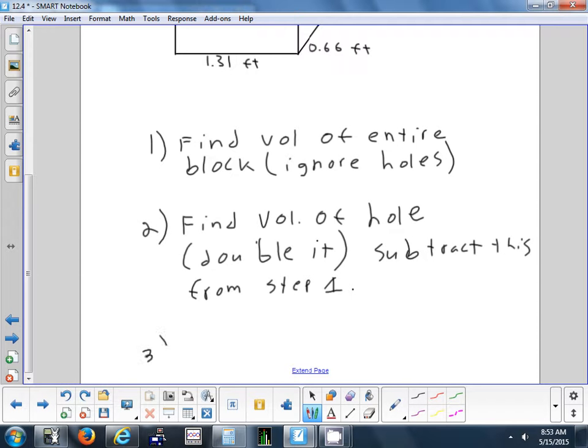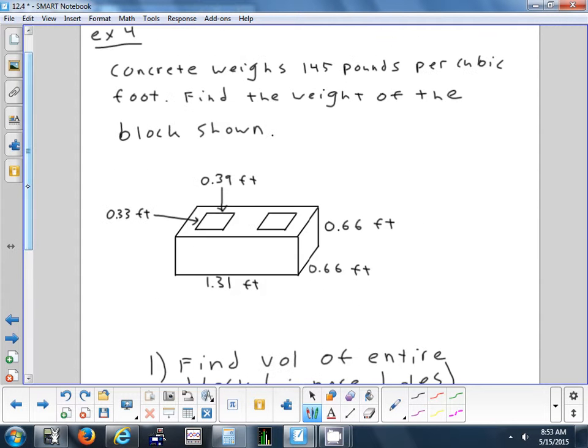They want the weight. So how would we, once we have the volume of that block, how would we get the weight? Any thoughts on that?